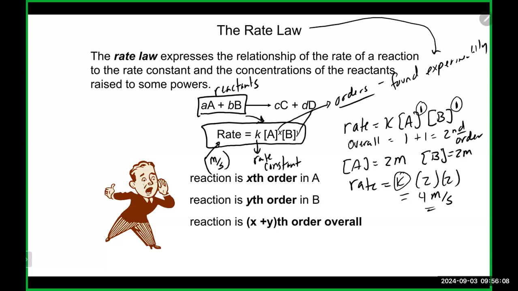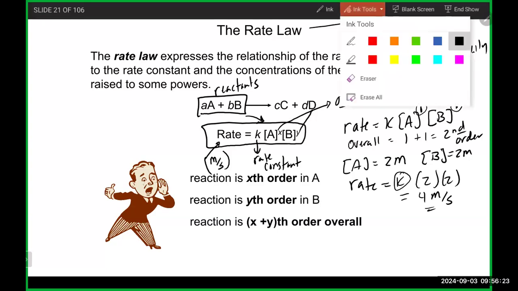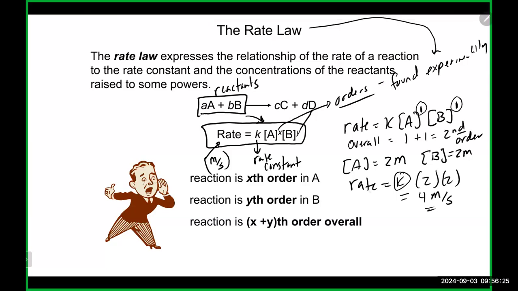So let's just say you're trying to do something with this reaction, and maybe you want to slow it down. It's maybe happening too fast. So if I did it again, I will keep my A at 2 molar, and I'll cut my concentration of B in half to 1 molar.